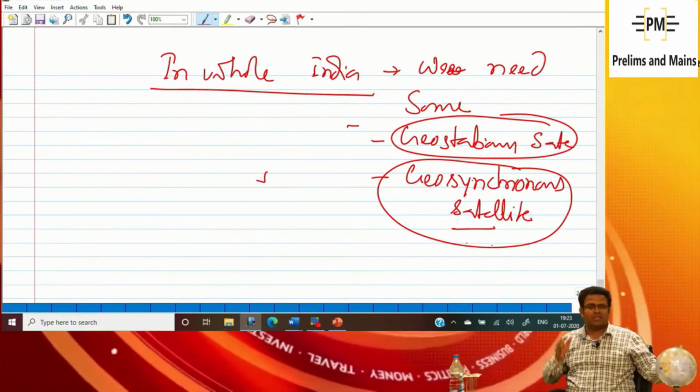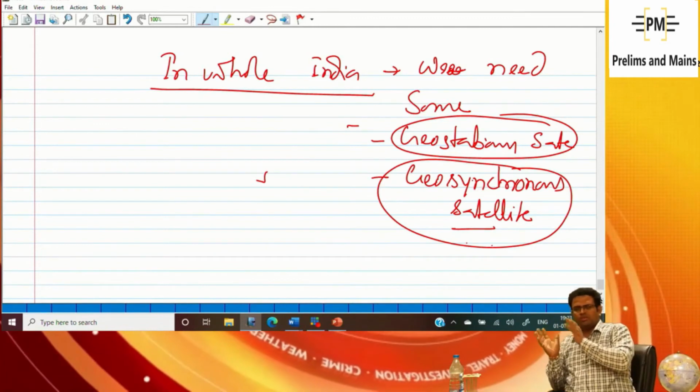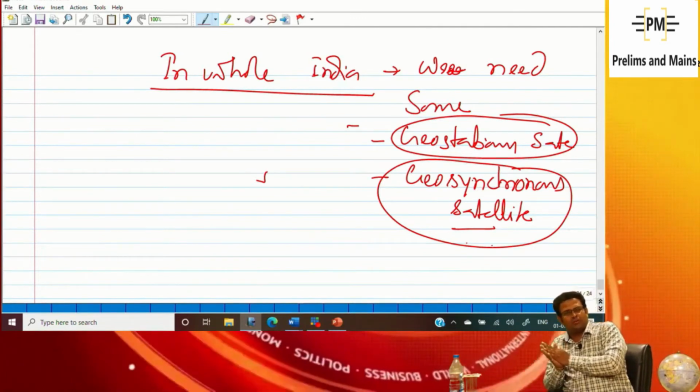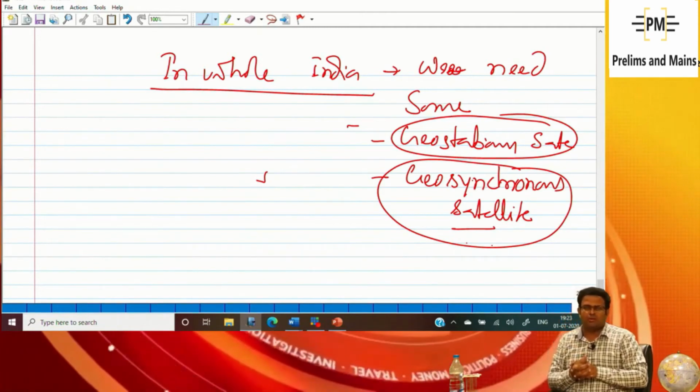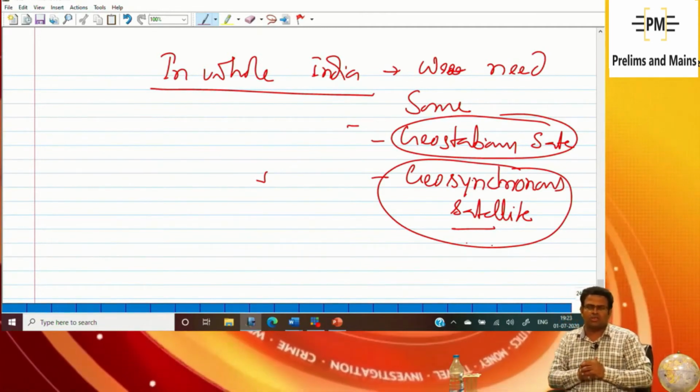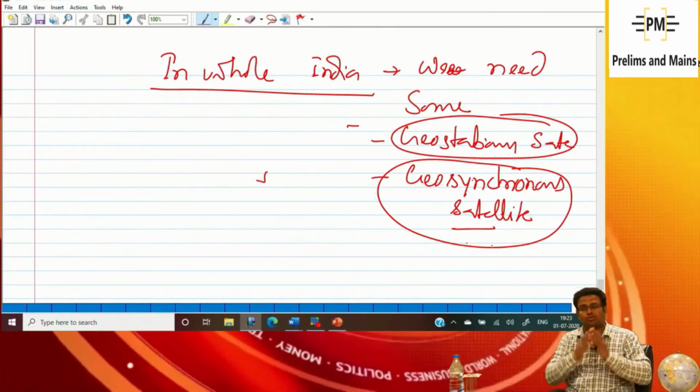I am saying that where the signal is not able to reach, I should utilize geosynchronous. In India, we need geostationary Earth orbit as well as geosynchronous Earth orbit satellites. We need both for better signal throughout India.